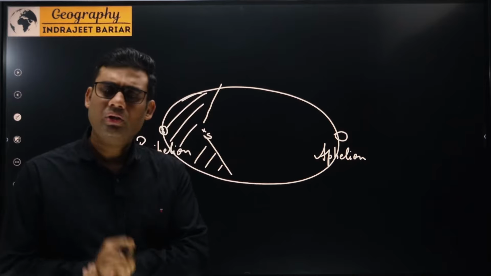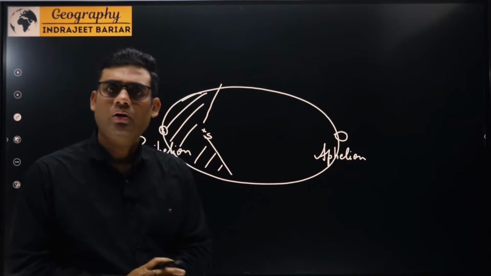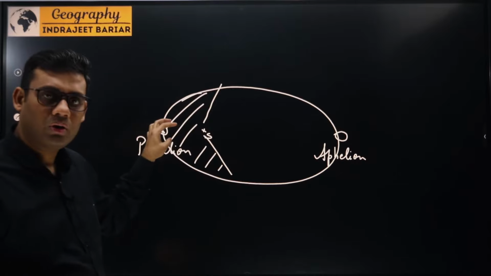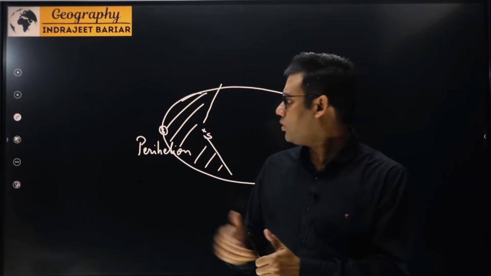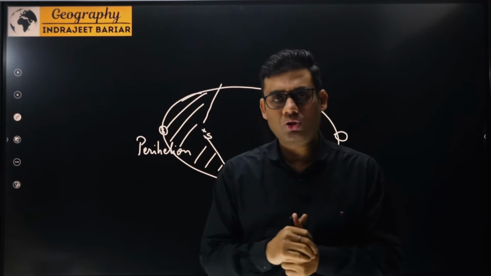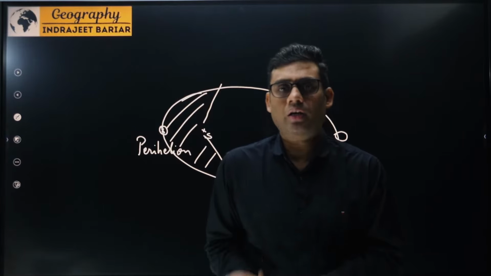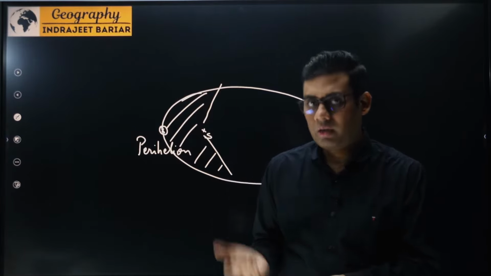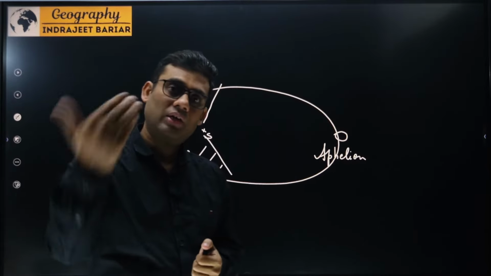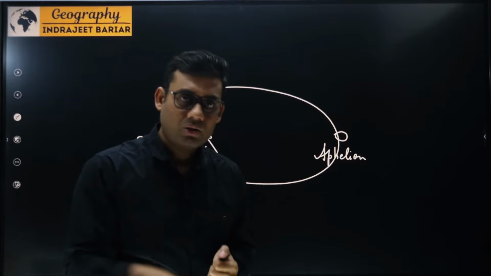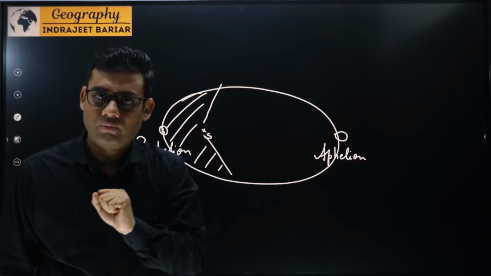But I have to remember this point that if this was the cause of seasonality, then when the Earth is nearer to the sun, the whole of the Earth would be nearer to the sun, which means the whole of the Earth at the same time should be experiencing summers. But it doesn't occur like that. Rather, when it is summers in the northern hemisphere, it is winters in the southern hemisphere, and vice versa. So definitely this has nothing to do with seasonality again.